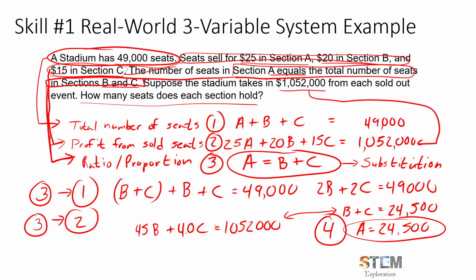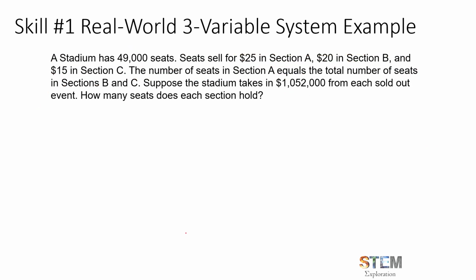All right, so I'm going to move on and give myself a little bit of space here and do this. If A is equal to 24,500 seats, and I plug that into the equation that took into the profit of the stadium, I could go $25 for Section A tickets and plug in my 24,500 plus 20B plus 15C.